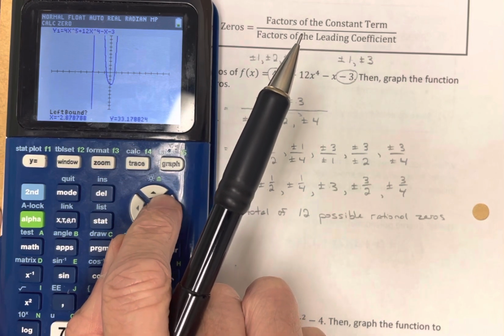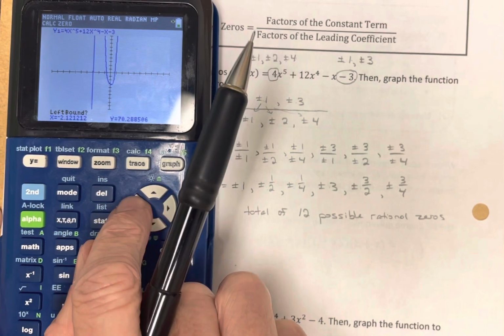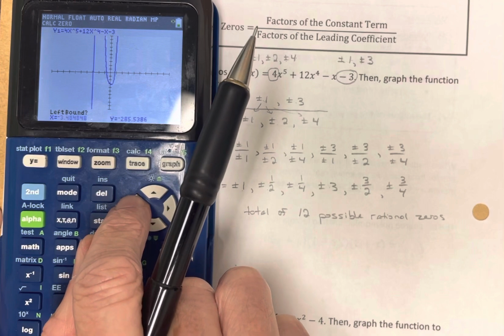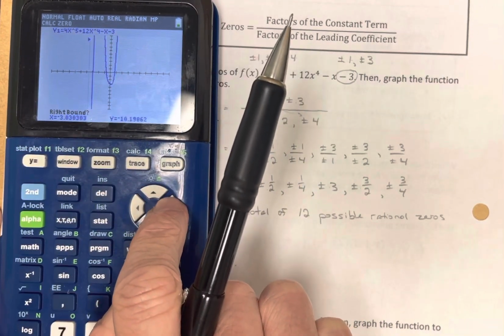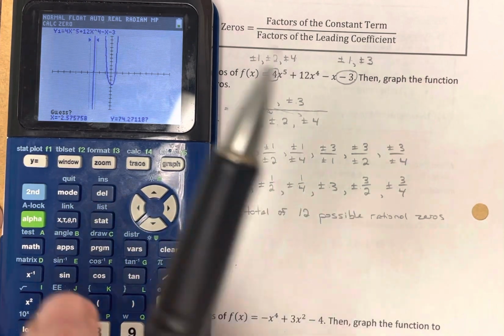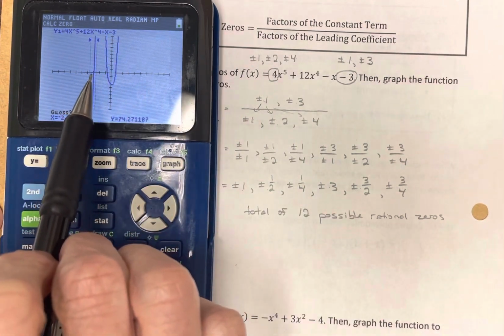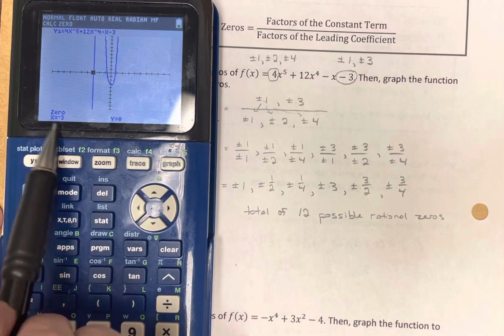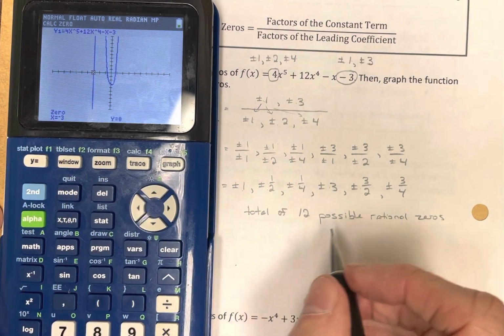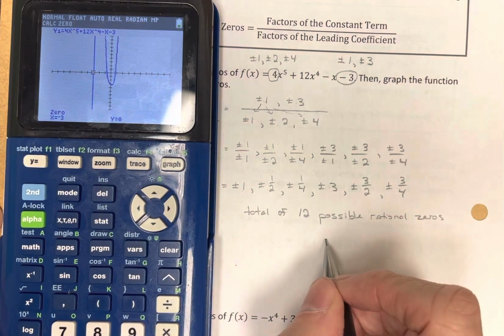Well, left bound is there, and there's that left bound. Right bound is over there. Okay, I found the bounds, and they're in between those two lines, and I'll take a guess. And -3 is a 0 right there. So, -3. Ding, ding, ding, I have a winner.